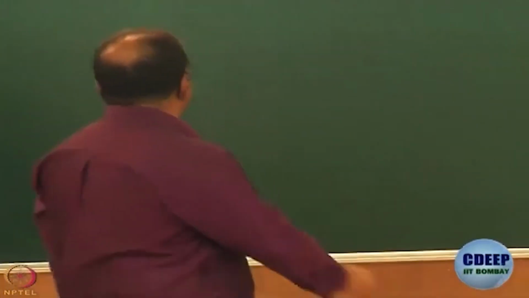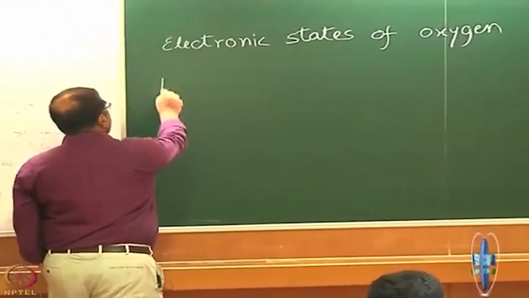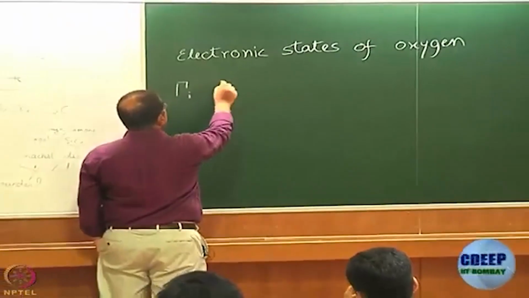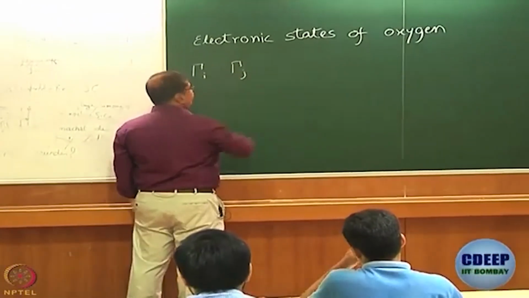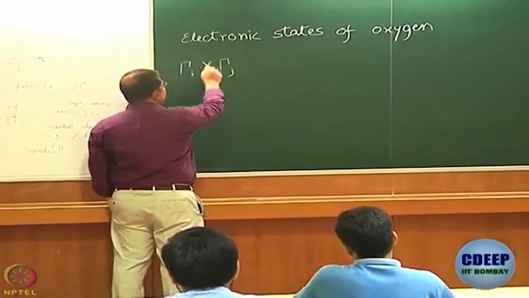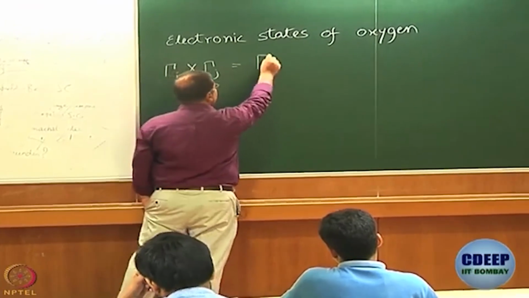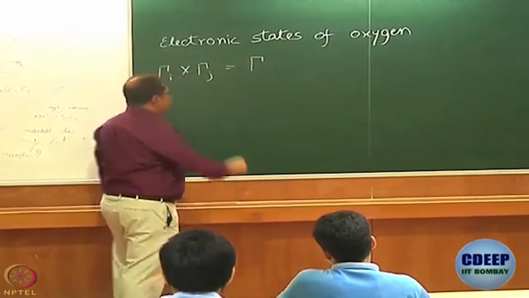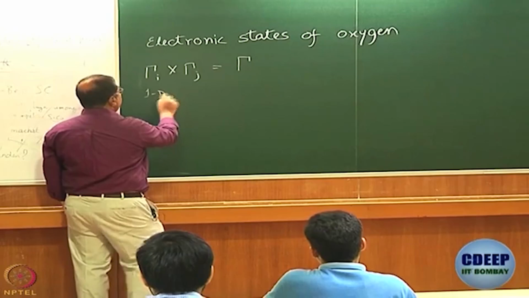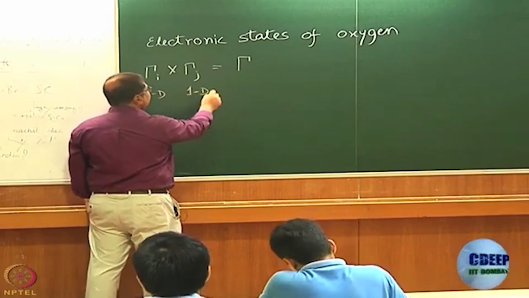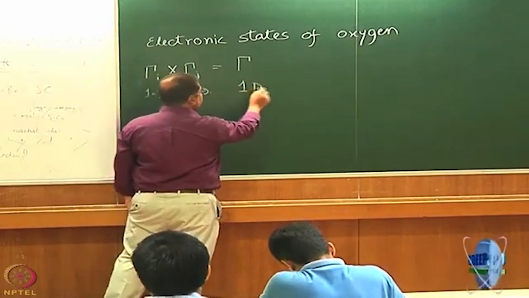I have two irreducible representations, say gamma i and gamma j. If I take a direct product of these to get something gamma, then if this is one dimensional and this is also one dimensional, then the product is one dimensional.